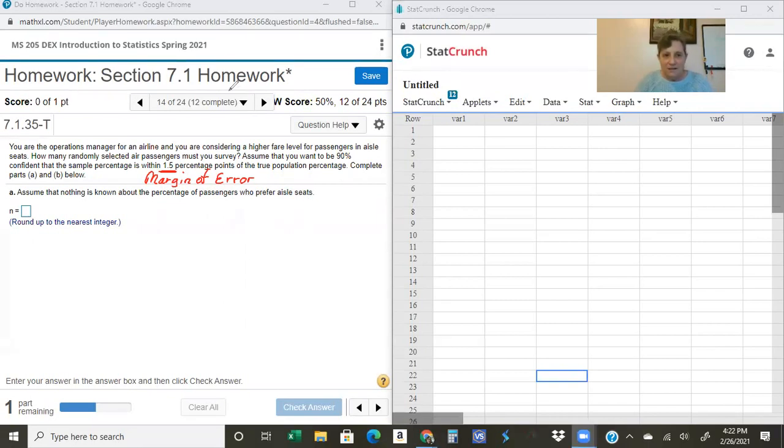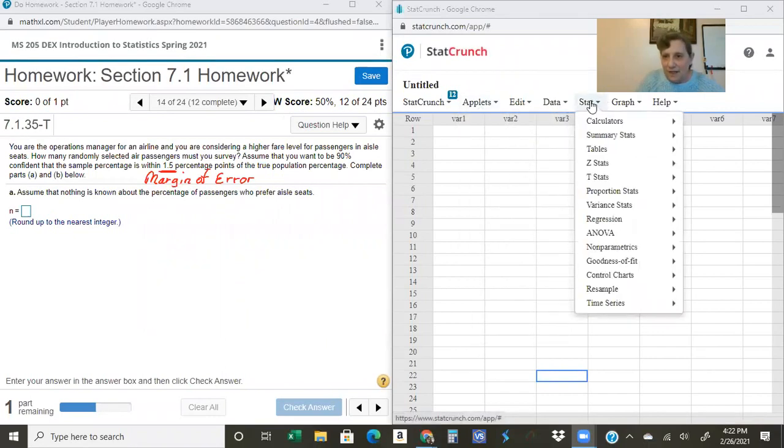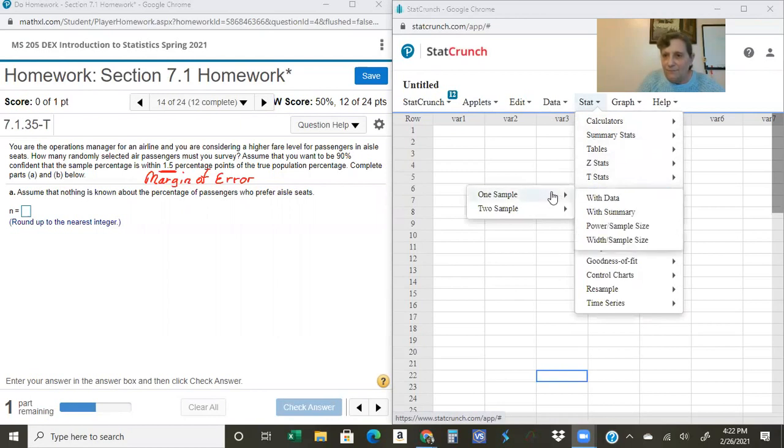To find the sample size, go to Stat, down to Proportion Stats, One Sample, but instead of With Summary, we don't have enough information to put that in, so go down here to Width/Sample Size.